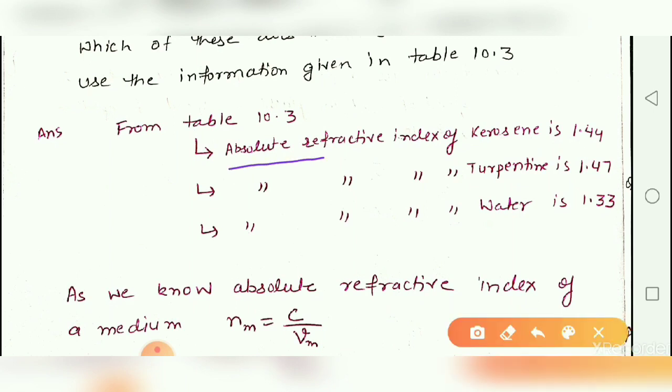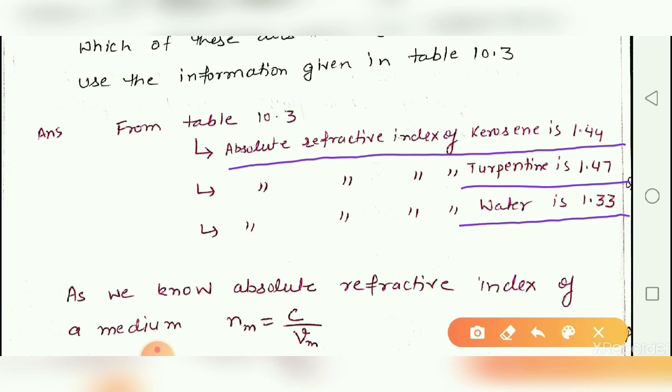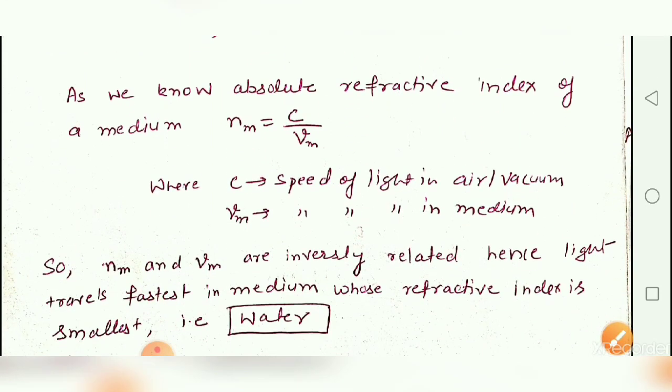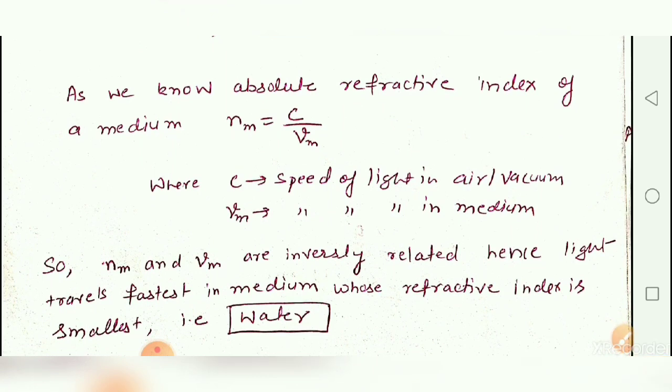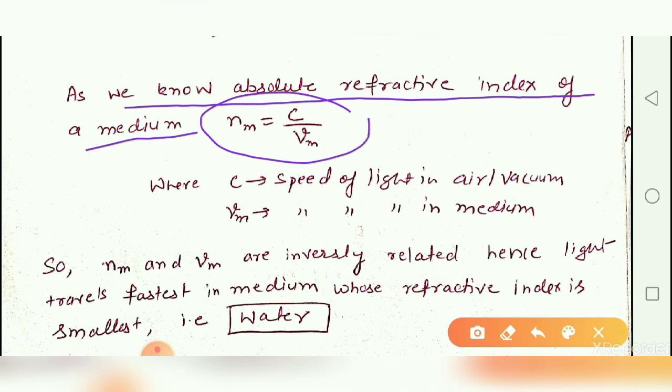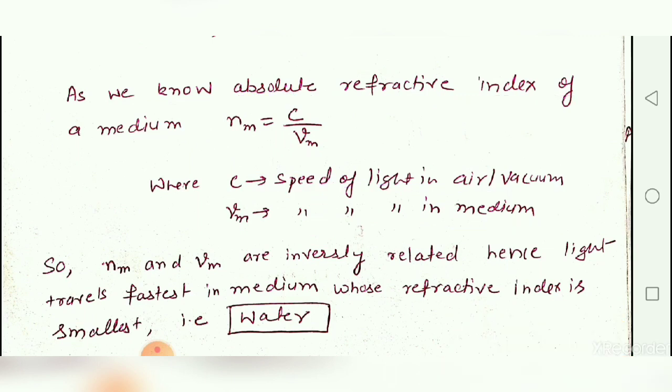Here the absolute refractive index of kerosene is 1.44, for turpentine it is 1.47, and for water it is 1.33. As we know, the absolute refractive index of a medium is given by this formula, where c is the speed of light in air or vacuum, and Vm is the speed of light in the medium.